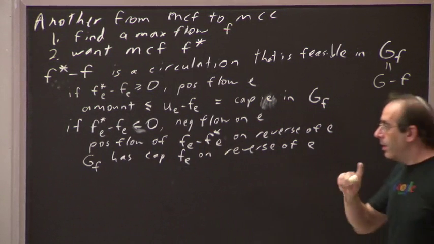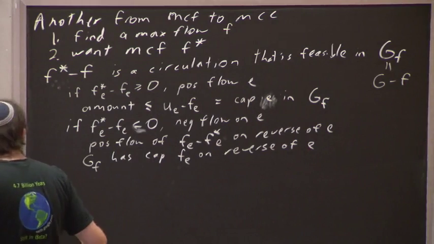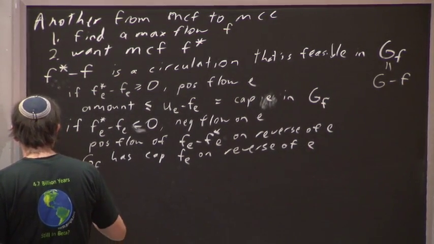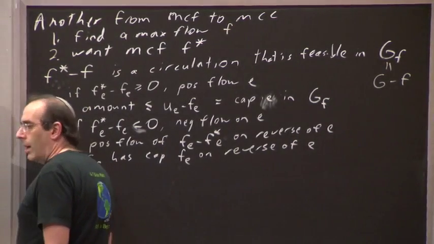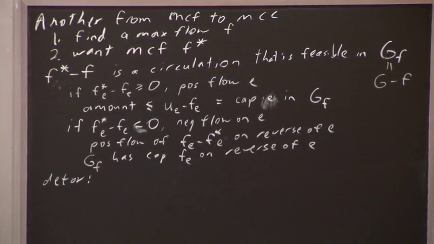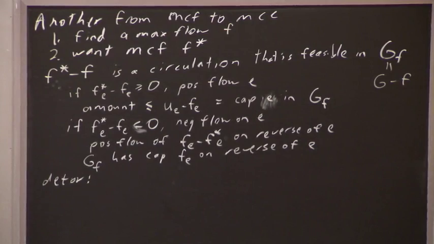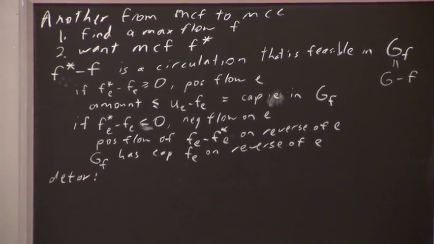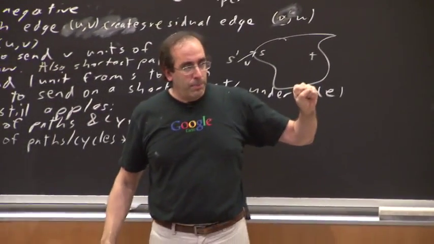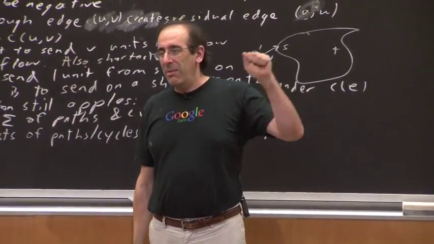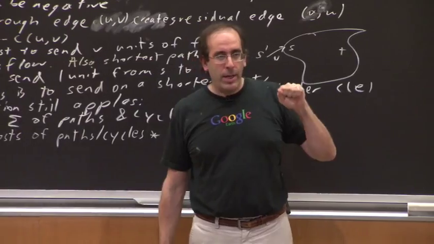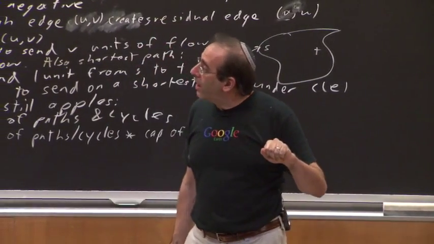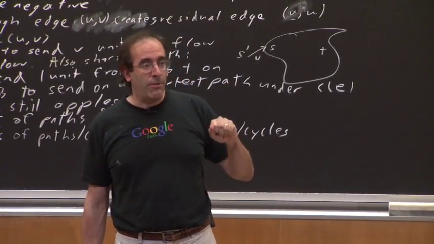Okay. Now, this does highlight an important point, which I will state here as a detour. I mentioned how in max flow you can talk about the net flow from u to v versus the flow on an edge. It's funny, in previous classes I've always used just flow on an edge. In this class, because I tried to be consistent with a particular textbook, I went to using net flow.